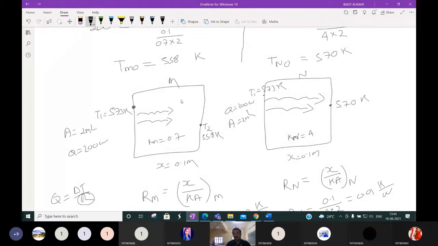That's why, under the same condition, with the metal having higher thermal conductivity, we found the outside temperature is 570 Kelvin. Inside temperature is 570, outside temperature is 570 Kelvin. There is not much difference. But here the thermal conductivity is less. It means the inside temperature is the same 573 Kelvin, but the outside temperature is lower than this one.